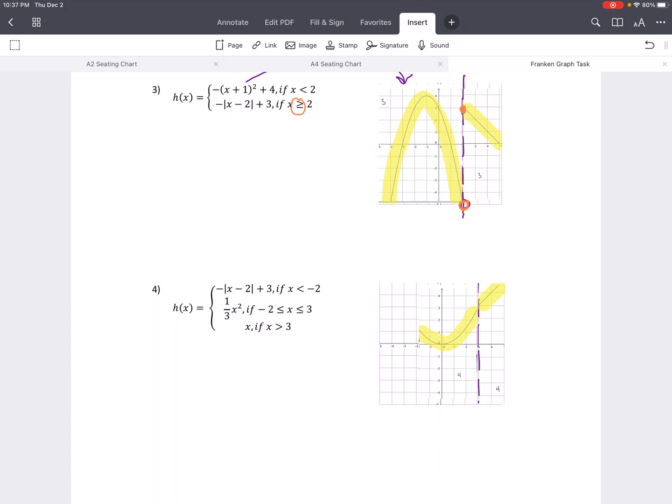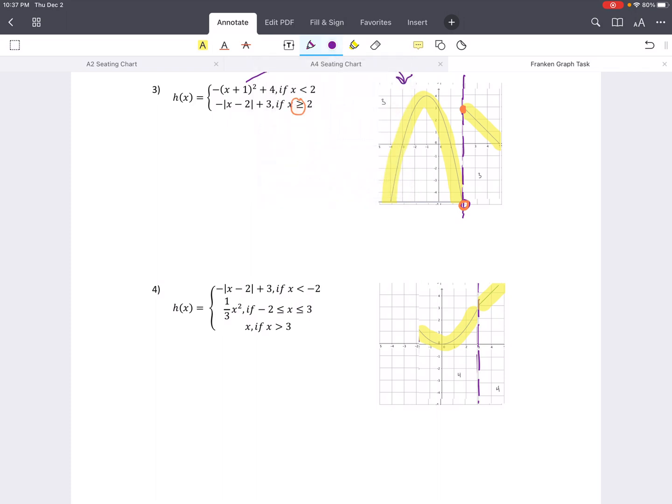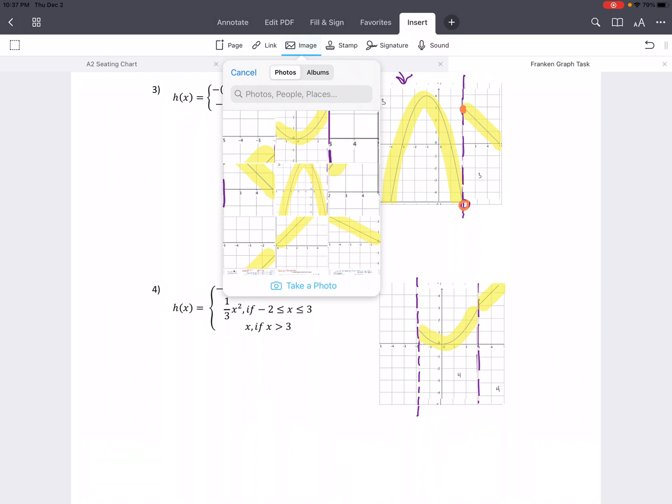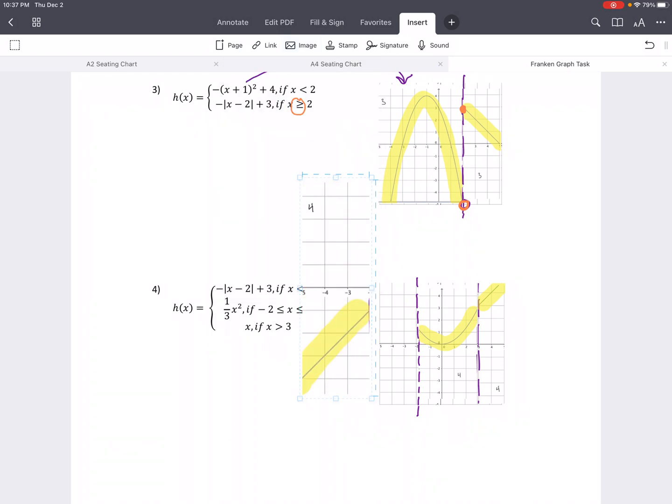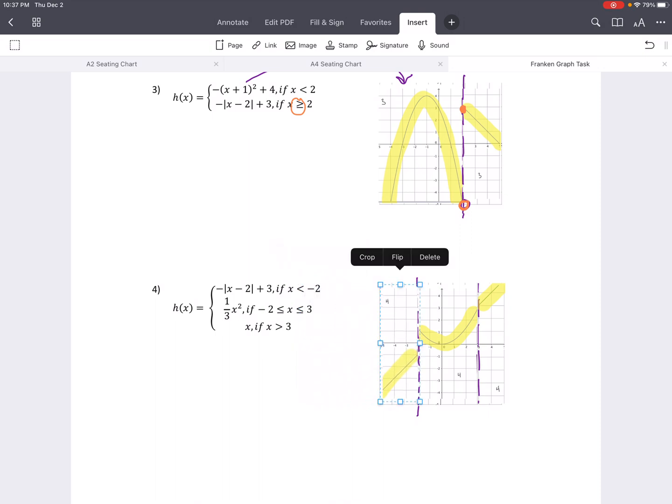It's fine. There, we'll just do that. It's fine. Those are connected. And then we have our last piece. Once again, good enough.